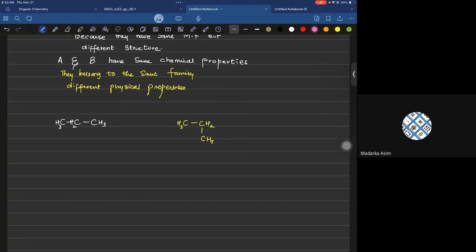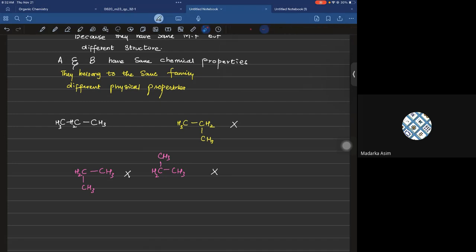If you are thinking, sir, I can make this structure in this manner, yes, you can draw. But now I will check: are they isomers? Yes or no? So beta, remember, this is wrong.